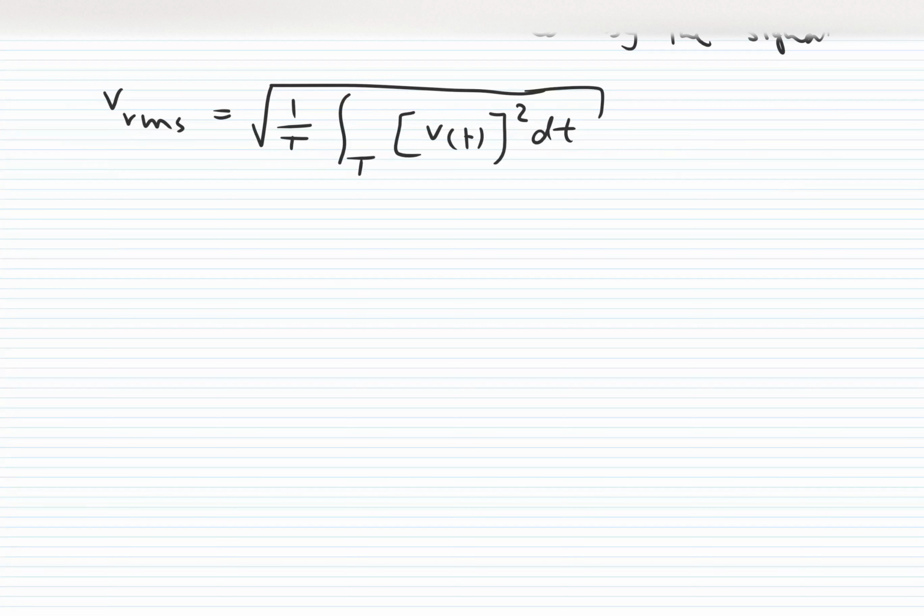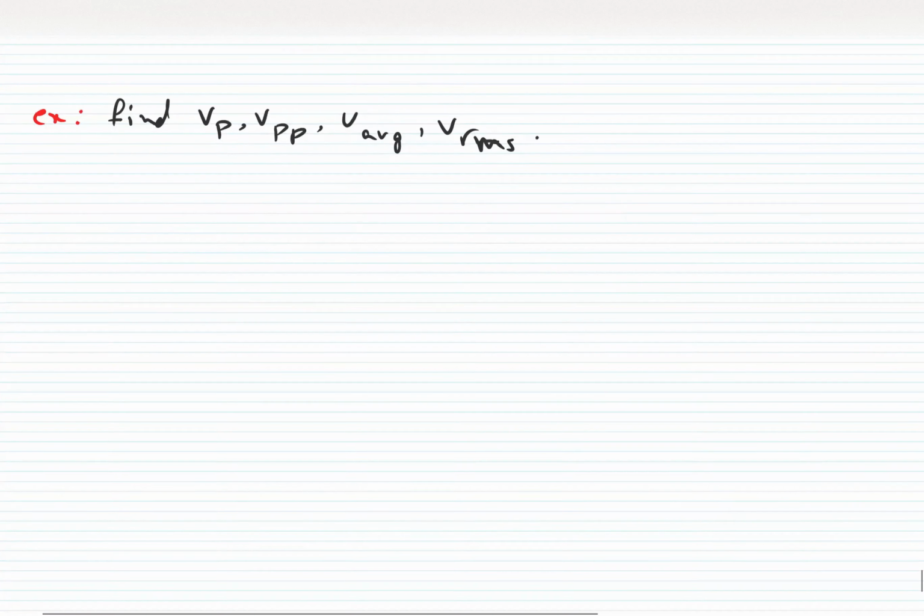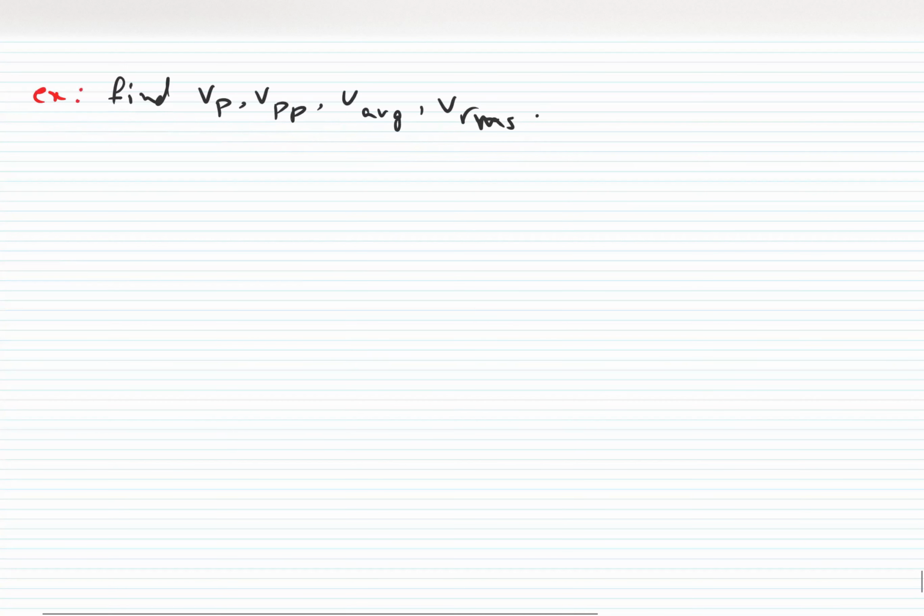Let's see these four types of signals in an example. Example: find VP, V peak to peak, V average, and V RMS. Here is the signal.